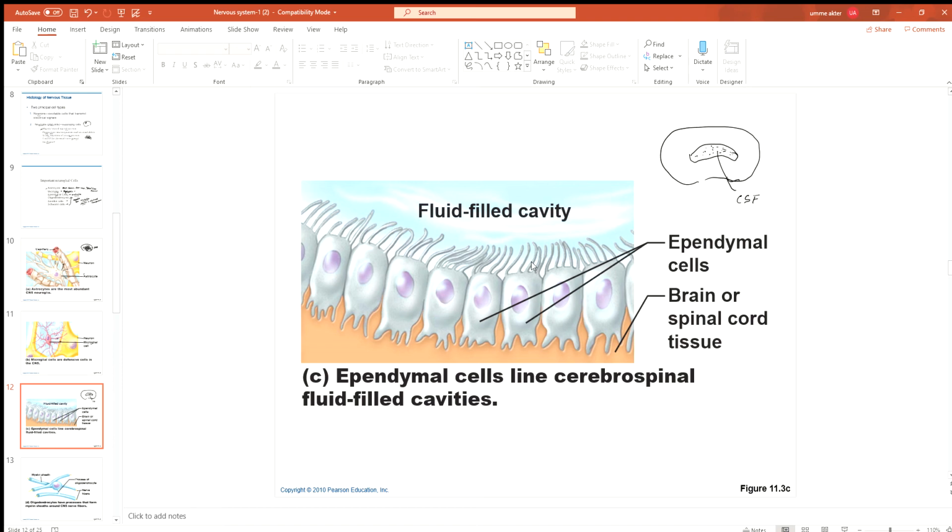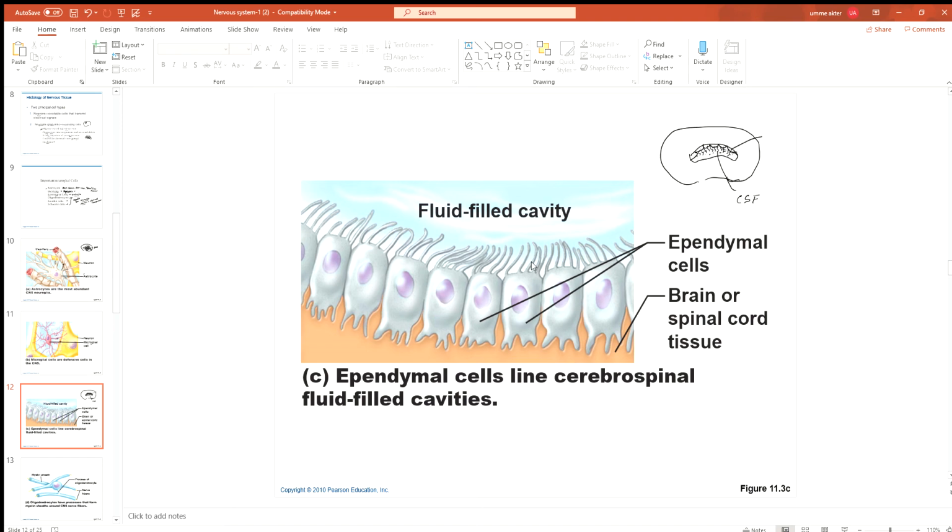So the fluid-filled cavity is the ventricle, and if you see the lining of the wall, you'll see the ependymal cells, and these cells have cilia, soft hair-like structures like this. So cilia arise from the ependymal cells.